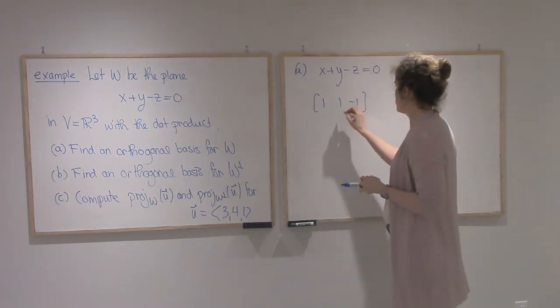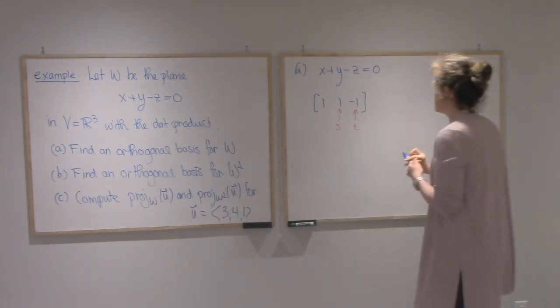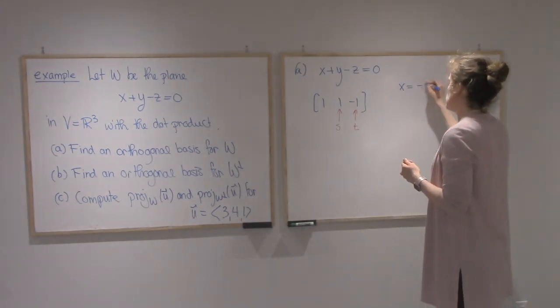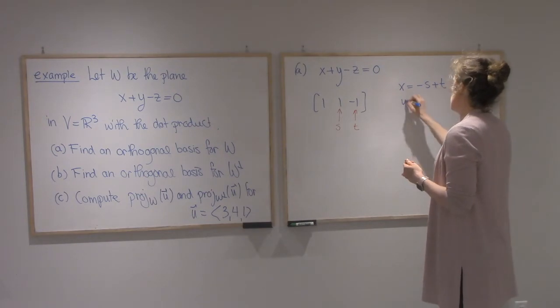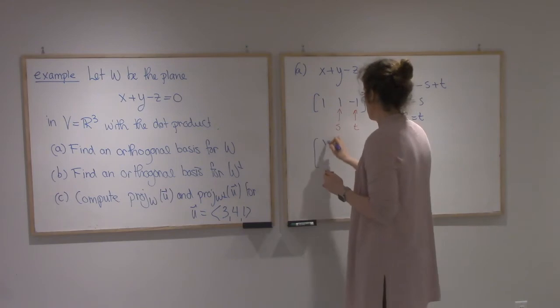It's already reduced, so I'm going to use s here, t here, so I get that x is minus s plus t, y is s, z is t.